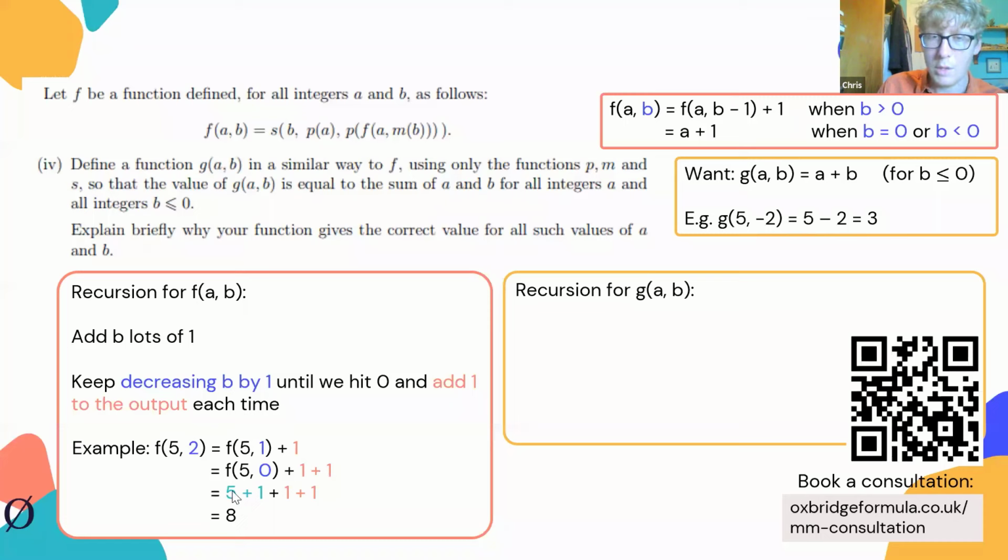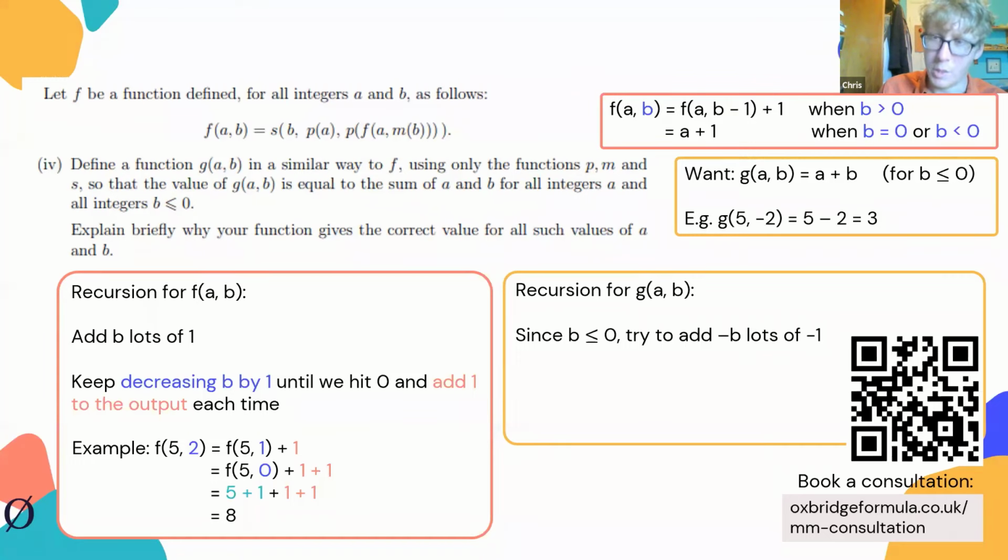So finally, what are we going to change when we do g? Well, when we were doing f, we added b lots of 1. Why is that not going to work? Because b is negative now, or 0. And you can't do adding 1 a negative number of times.